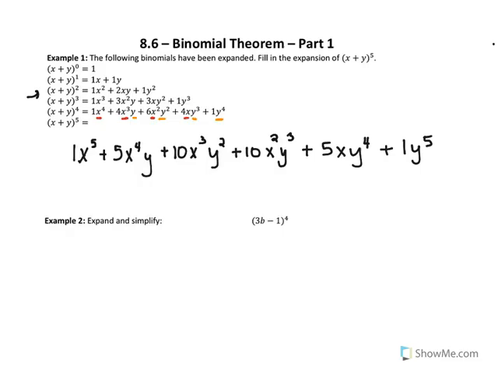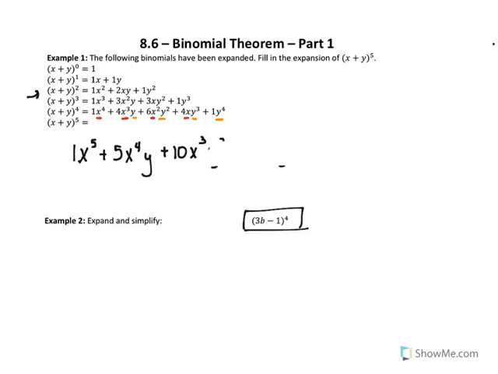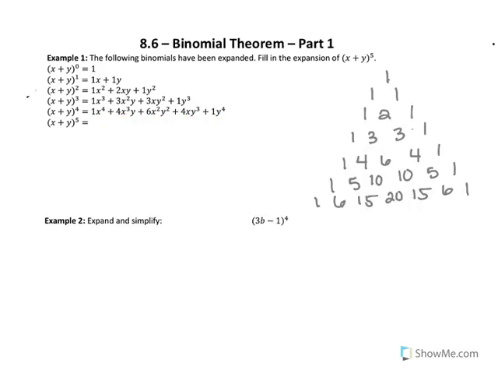Let's use this knowledge to expand this: 3b minus 1 to the power of 4. In Pascal's triangle, sometimes it's useful to just keep one written out, so I'm going to write one out for us right here. I probably don't need to go that far.